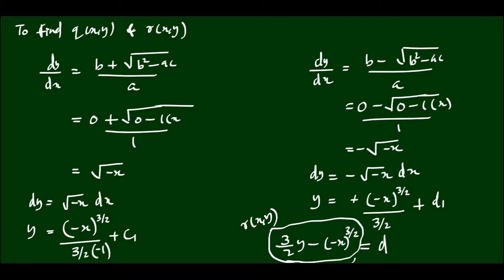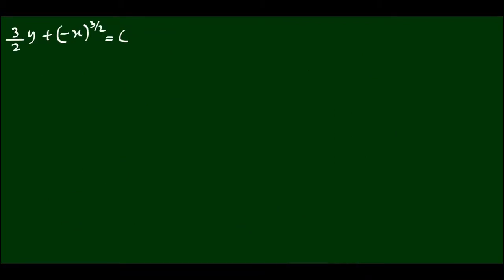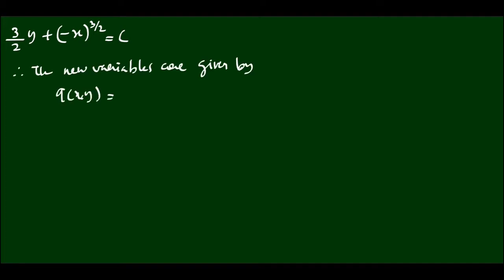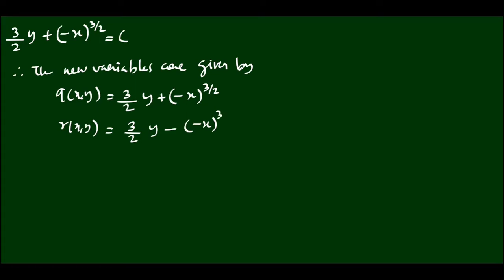Therefore the new variables are given by q of x, y equal to 3 by 2 times y plus minus x raised to 3 by 2, and r of x, y will be equal to 3 by 2 times y minus minus x raised to 3 by 2. So we have answered our first question.